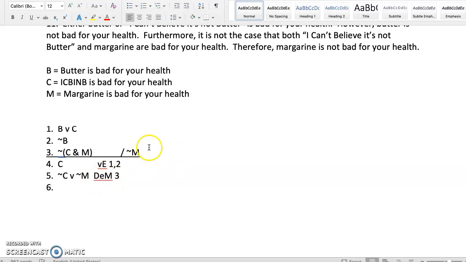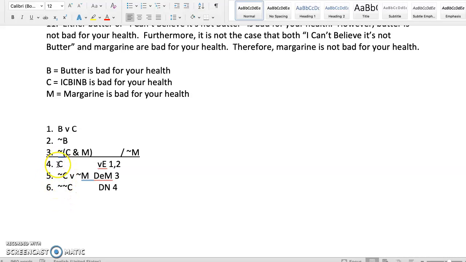And you see we need not M. Here is not M. To get not M out of a disjunction, we need disjunction elimination. But to do disjunction elimination, we need the negation of the other disjunct. So we need not C. We don't have that, but we have C, and we know with the double negation rule, we can get not C. And that is a necessary step.